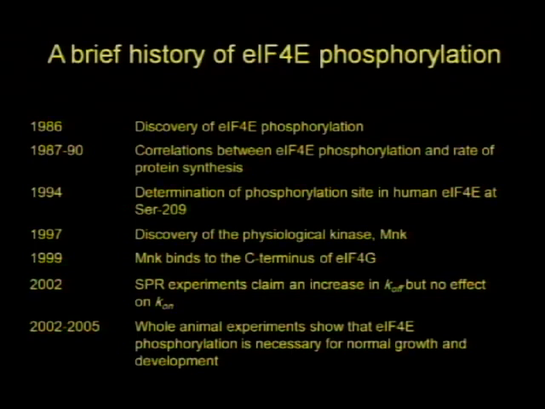We determined the phosphorylation site in '94, as did another lab. The kinase was discovered later, and then, as you saw on an earlier slide, this kinase MNK binds to 4G. So it's a dedicated kinase that's right in the translation machinery.